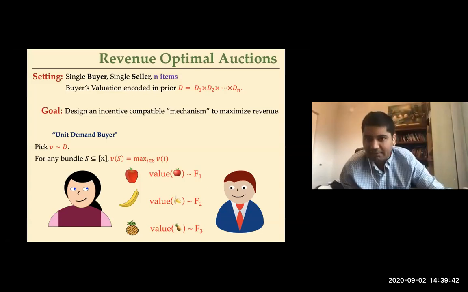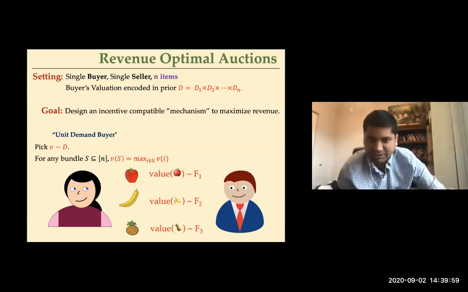Okay. So in this talk, we are going to look at what is called the unit demand buyer. All that means is that the buyer is interested in only buying one item. In particular, you can think of it as saying that the value of any bundle S is simply the maximum possible value of any item inside that bundle. Okay.